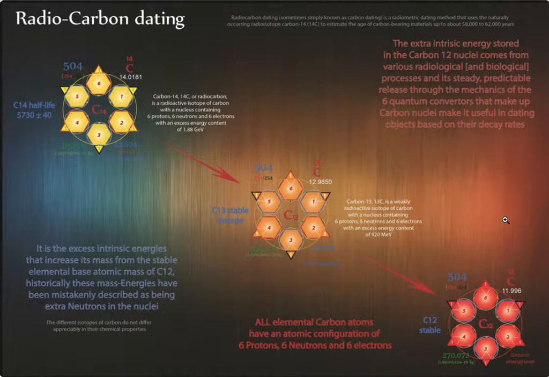Obviously we can measure this as a change in quantum level energy, as we do in the case of radiocarbon dating, where the mass energy of the charged geometries themselves is increased from one quantum level to the other. In doing so, we can calculate for the mass energy, or the mass matter, of each matter geometry, or each element in this case.